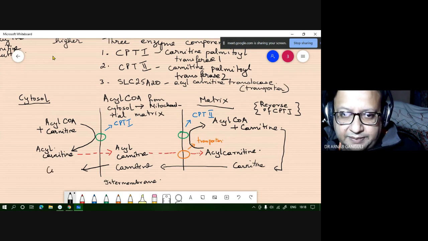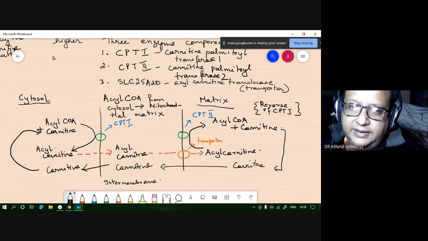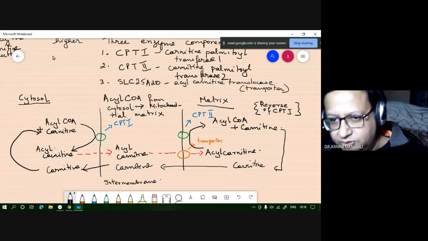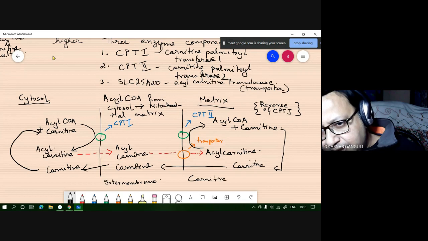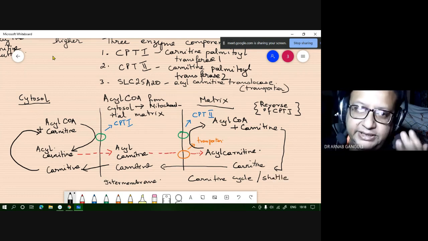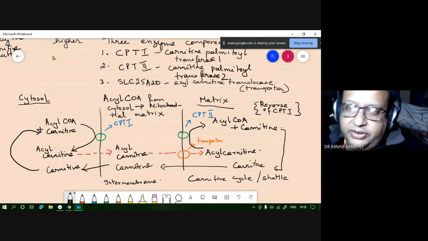This carnitine comes out, and carnitine again goes here. And therefore it is sometimes also known as the carnitine cycle. It is actually a shuttle to move fatty acyl CoA from the cytosol into the mitochondrial matrix.